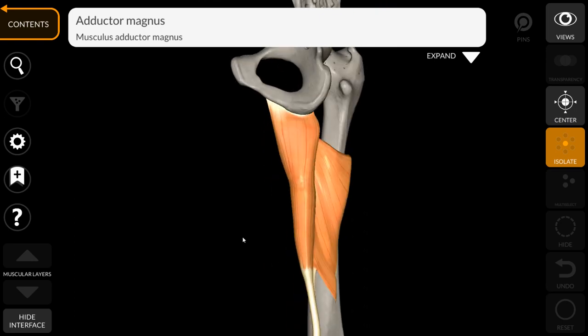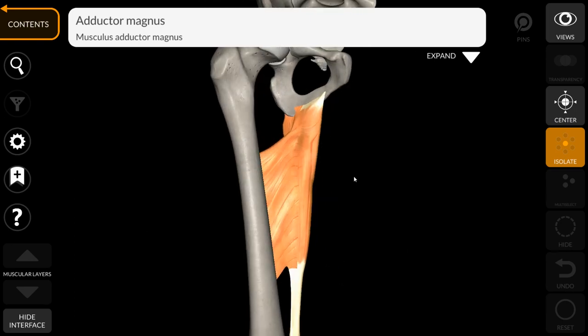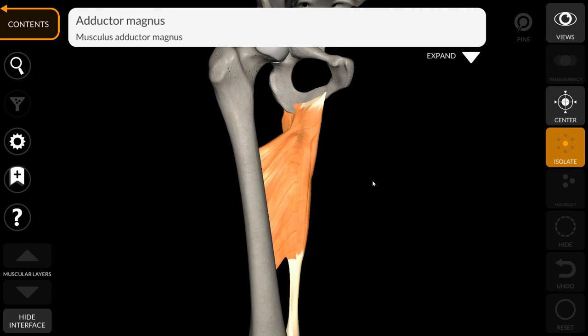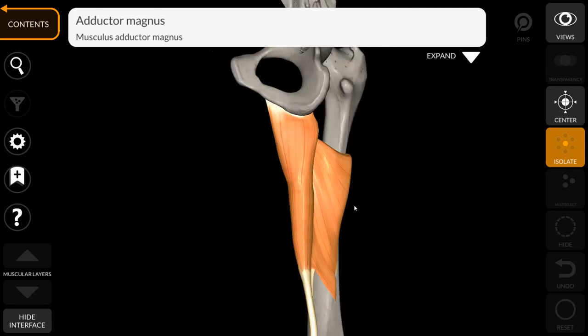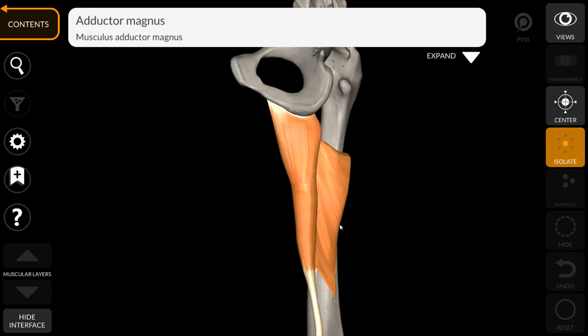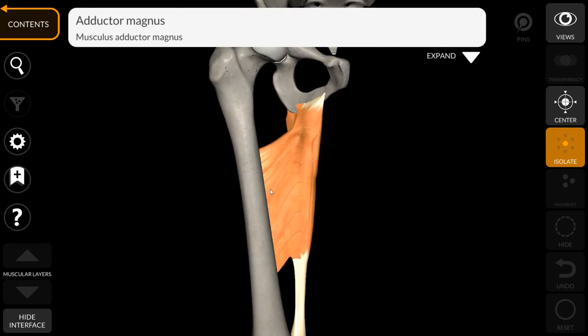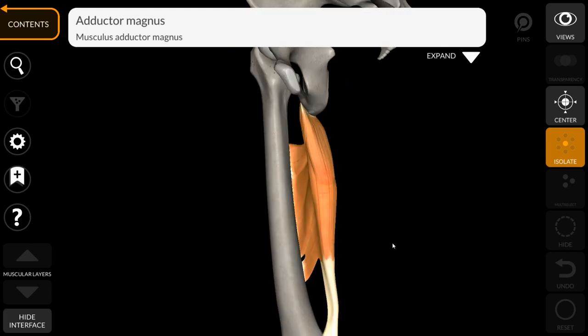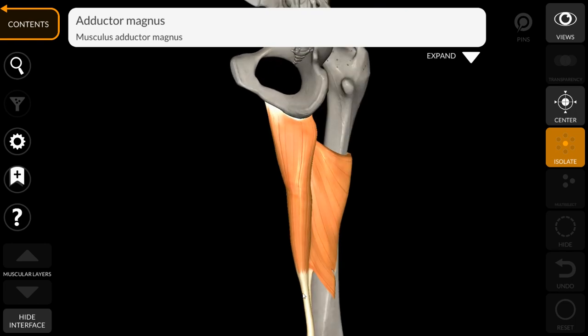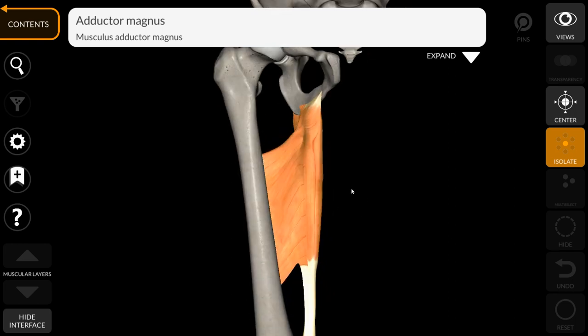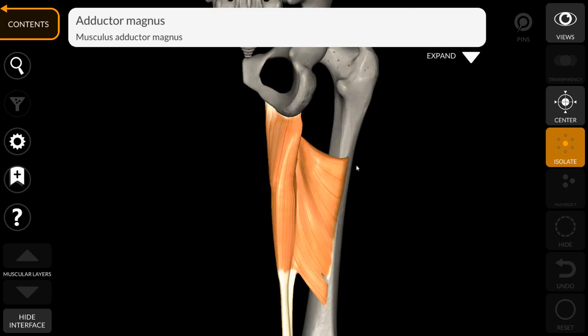Basically, these muscles consist of two parts. If you observe this muscle, you can imagine one muscle sitting more anteriorly and one muscle sitting posteriorly. The muscle sitting anteriorly is very wide, flattened in shape, and attached into your linea aspera.